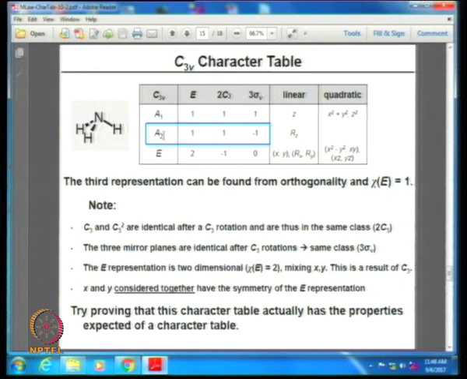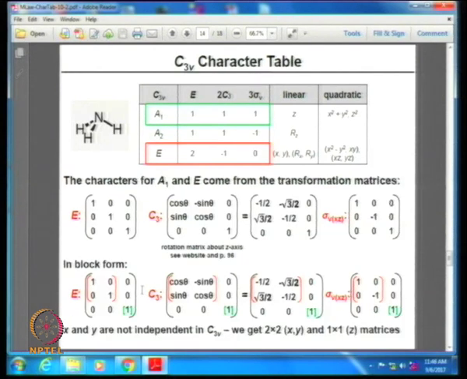The third representation he finds by orthogonality. So these two, A1 and E, are over here already. A1 is the green box, basically is the lower one that split off, and it was actually trivial, nothing happens to the z-axis. So it is 1, 1, 1, 1, 1. And this one will be called A1. But there are only 3 conjugacy classes, so there is a middle row to be filled.